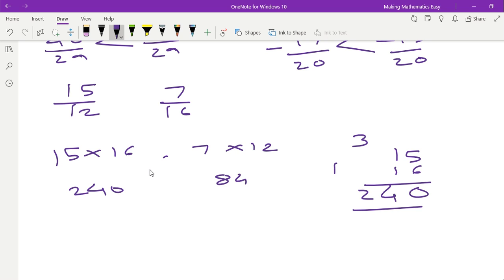Yeah, 240. So now you need to compare these two numbers, 240 and 84. 240 is bigger, so that means this number is bigger. The same sign you need to put over here in the question. That's it, nothing else.